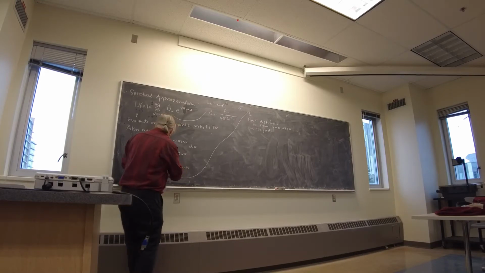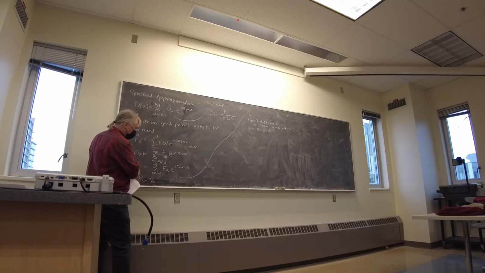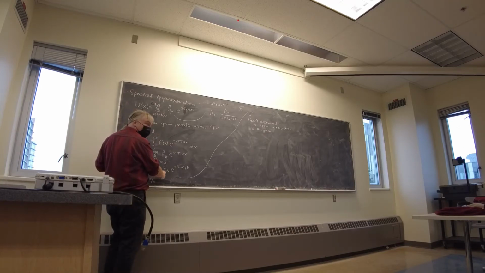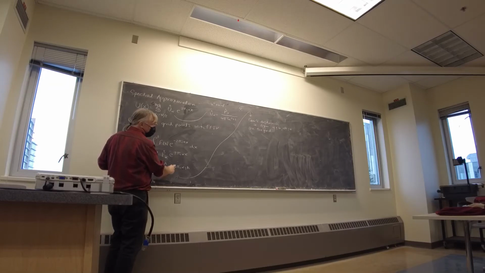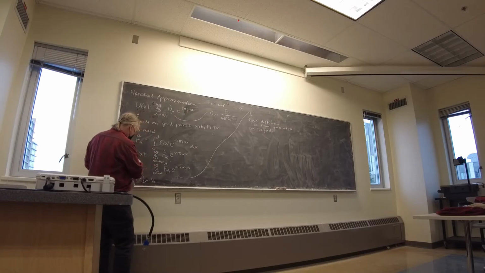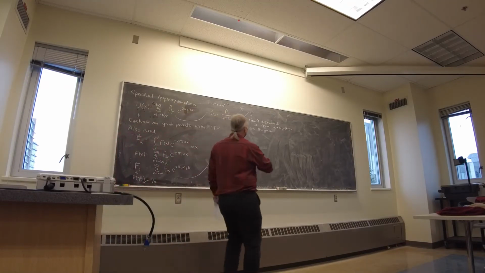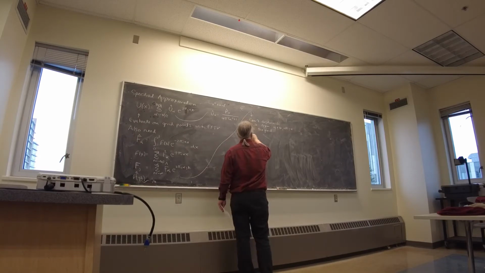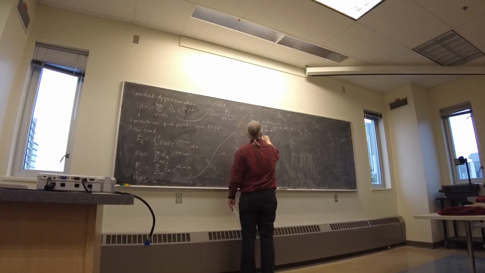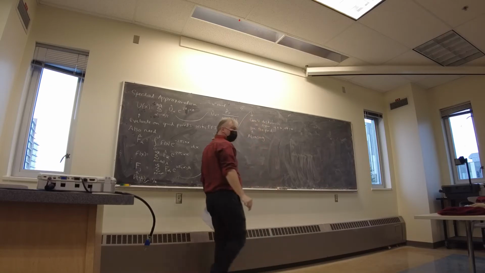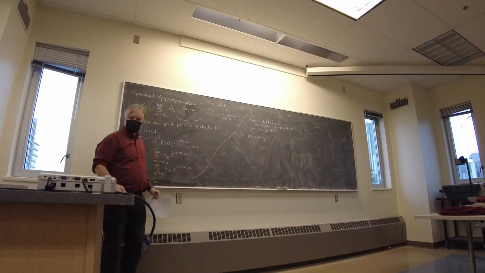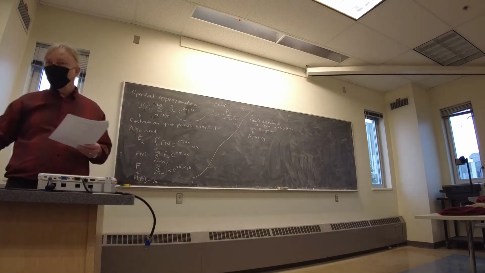And so when I'm looking at the value on the grid, I can't tell whether I'm getting f hat alpha or f hat alpha plus or minus N, plus or minus 2N, and so on. So now if you looked at these values on the grid, this, by the way, is called aliasing.